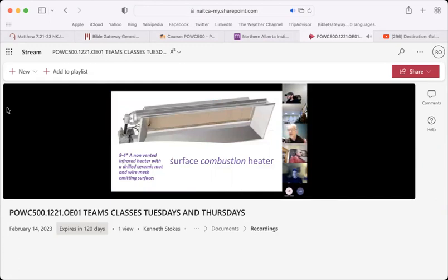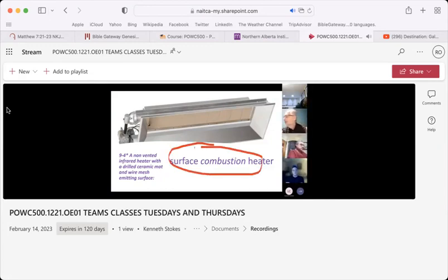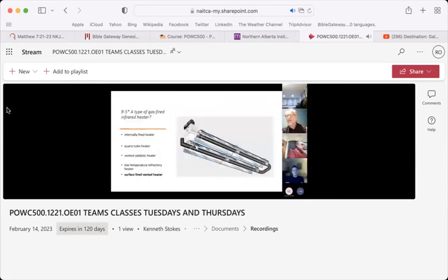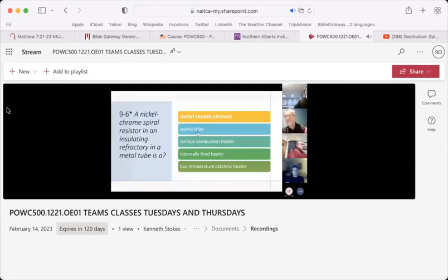One of them is a non-vented infrared heater with a ceramic mat and wire mesh. So that's a surface combustion heater. The gas-fired infrared heaters are surface-fired vented heaters. Okay. Nickel chrome spiral resistor in an insulating refractory in a metal tube.